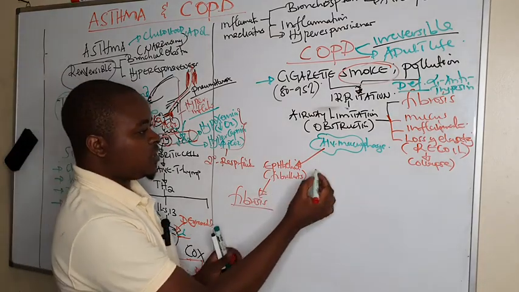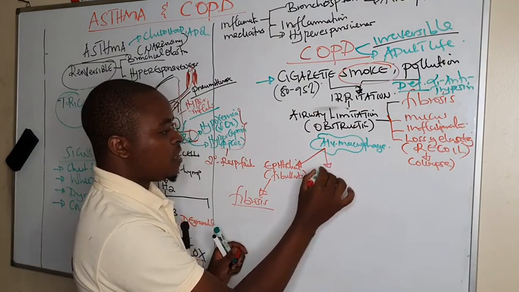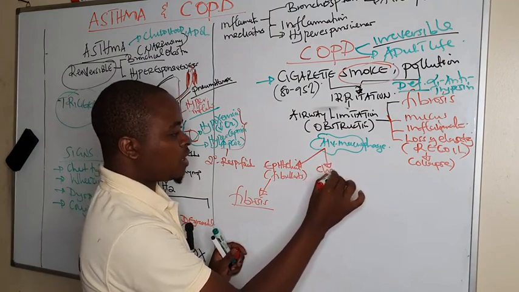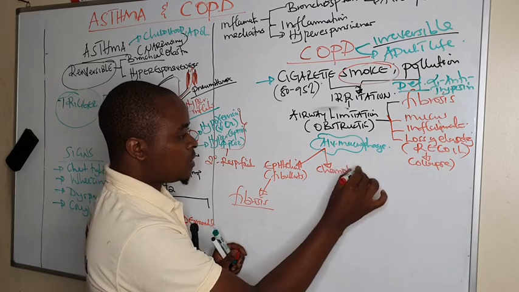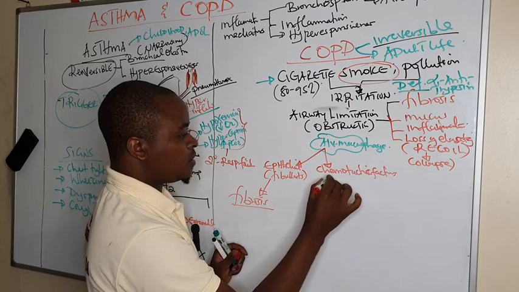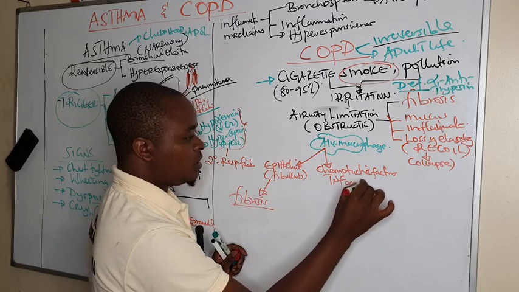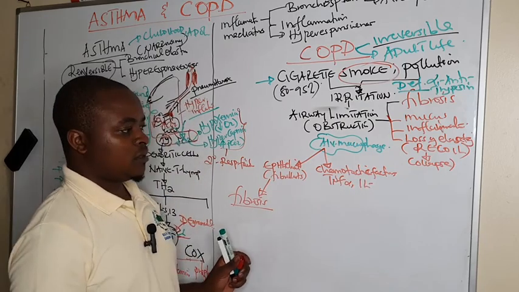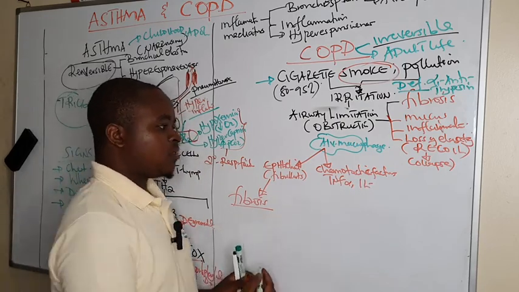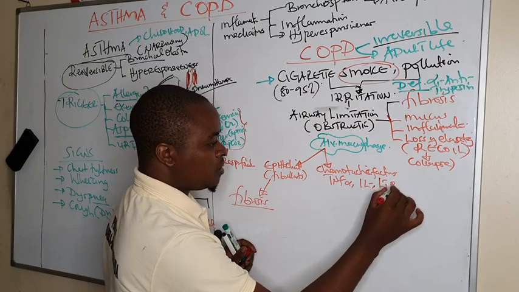Then another situation is that these alveolar macrophages produce what we call chemotactic factors, like tumor necrosis factor alpha, then interleukins, and leukotriene B4.